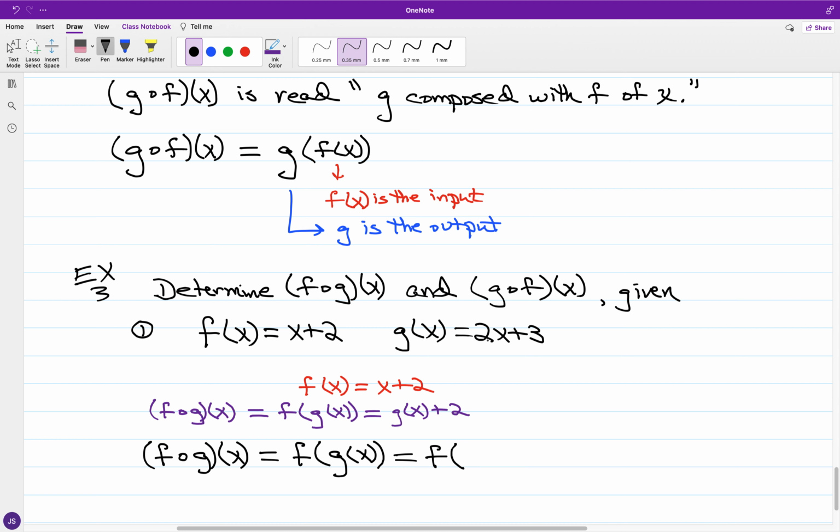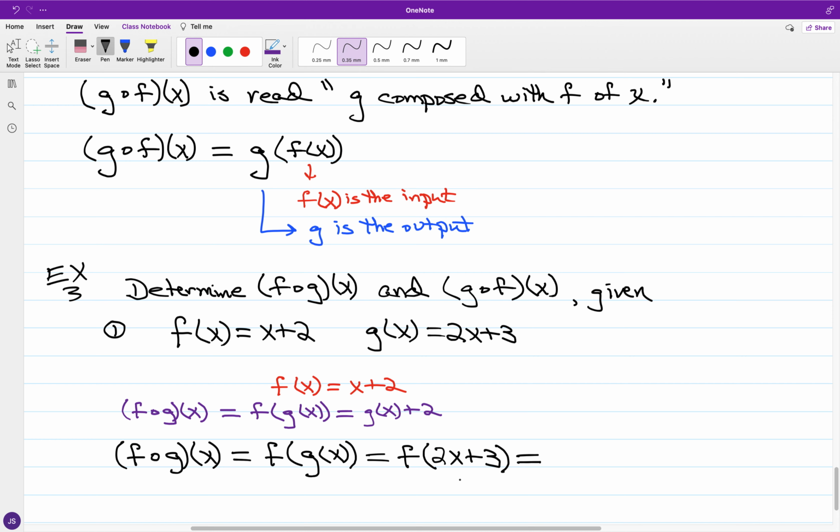And specifying the input, g of x is going to be 2x plus 3. And so your 2x plus 3 is in reference to g of x, and so for g of x plus 2, this is going to be 2x plus 3 followed by the addition of 2.